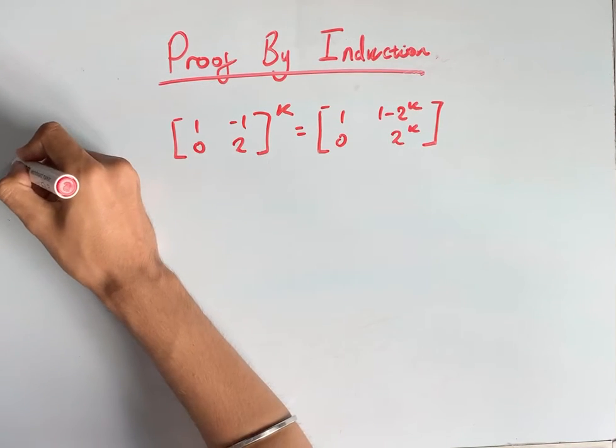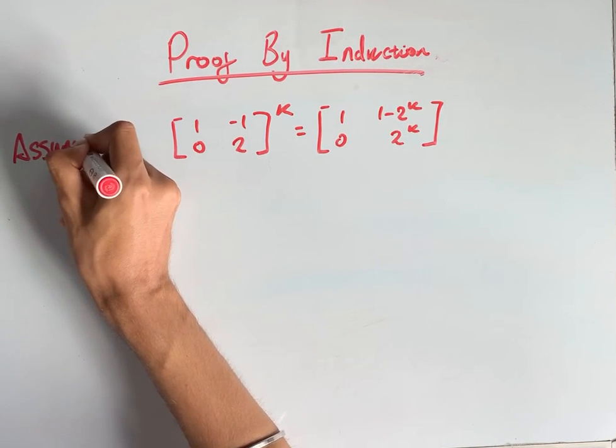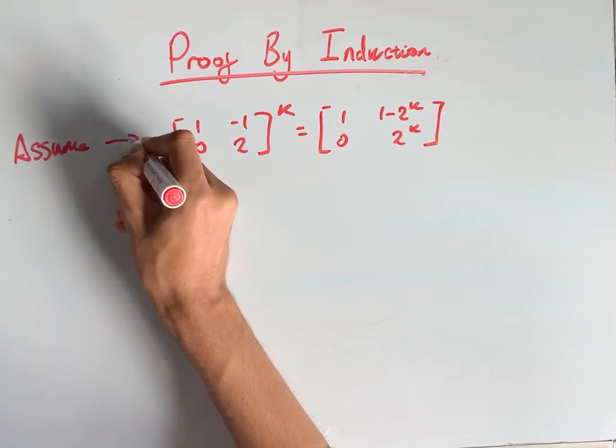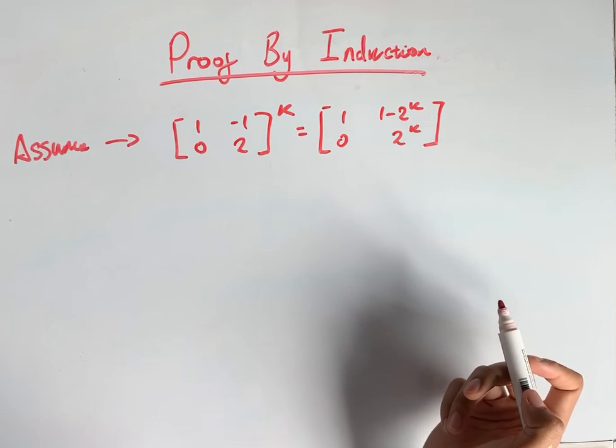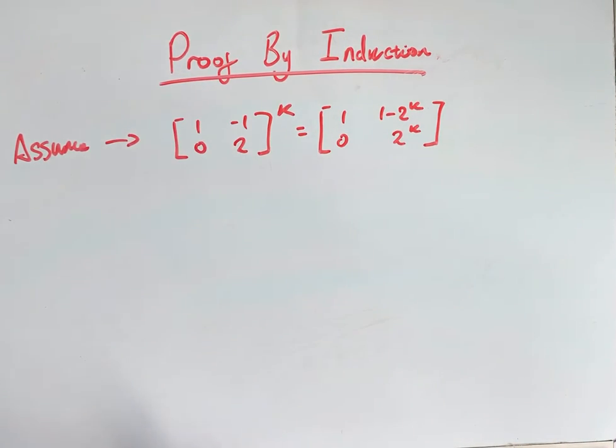And we will assume that this is true for all values of k. Now comes on to our induction step, where we try and prove that this statement is true when instead of k we have k plus 1.